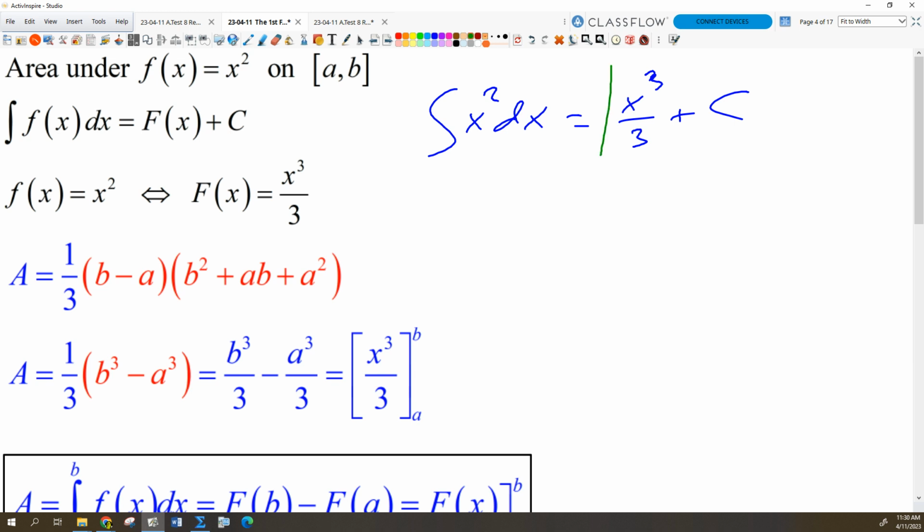Well, this part right here is the antiderivative, to within a constant.